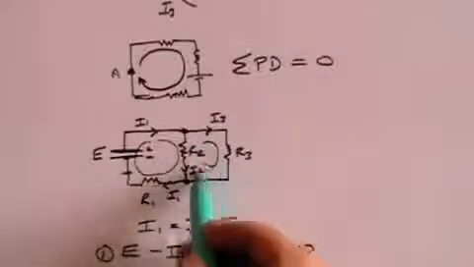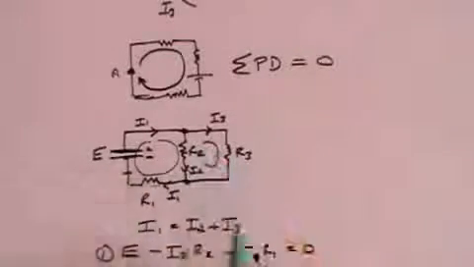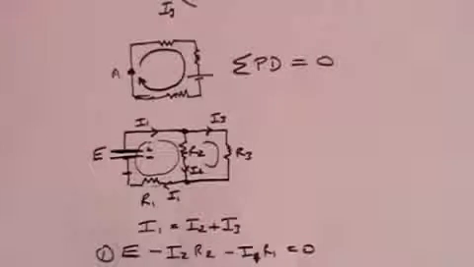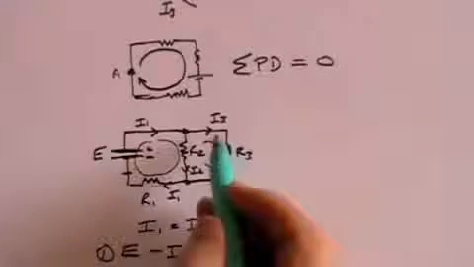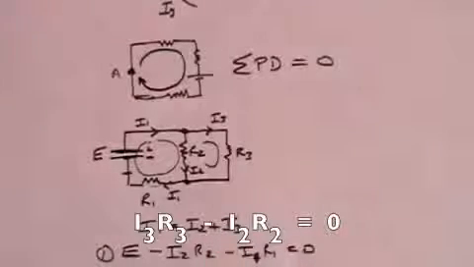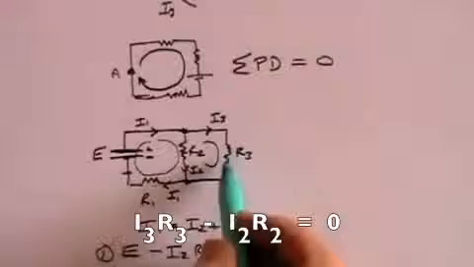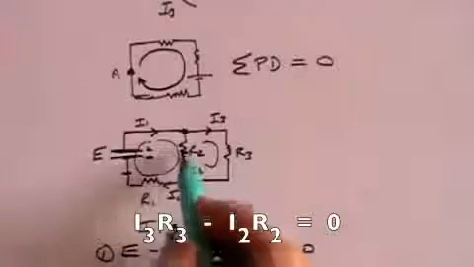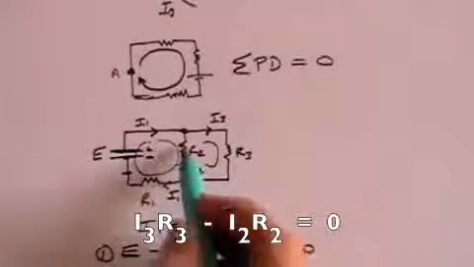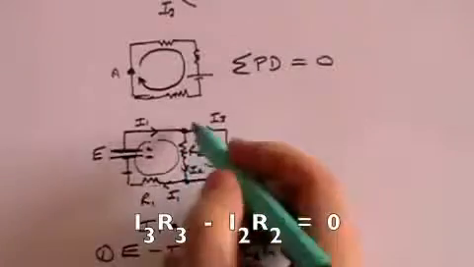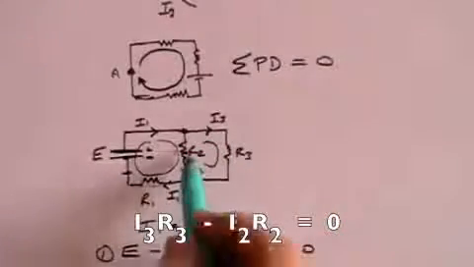This is just going round this part of the circuit. And again, Kirchhoff's rule applies. This is the second circuit. And here we've got I3R3. That's the potential drop. And we've got to go right round the circuit. So now we're going against the flow of the current. We've got I2 coming in this direction. We're moving in that direction.